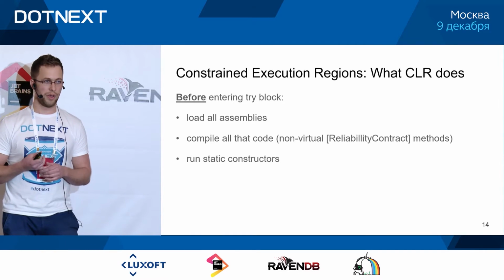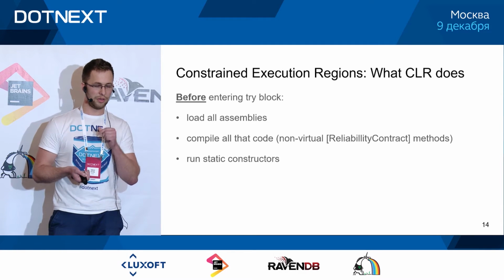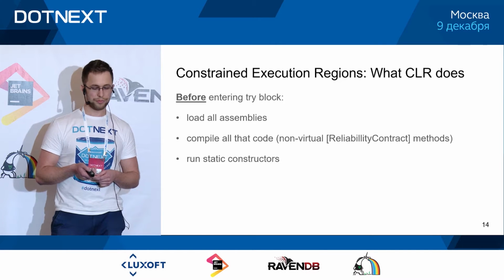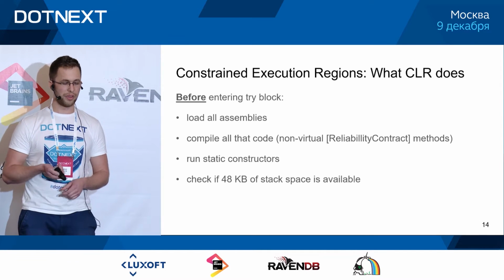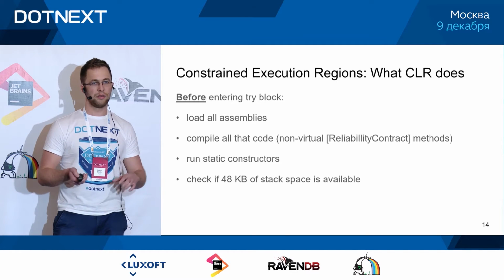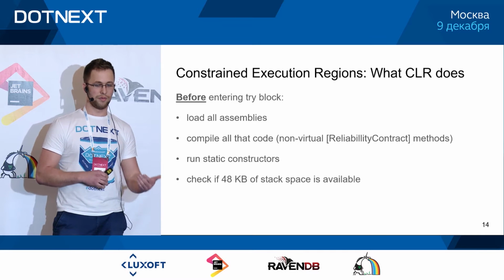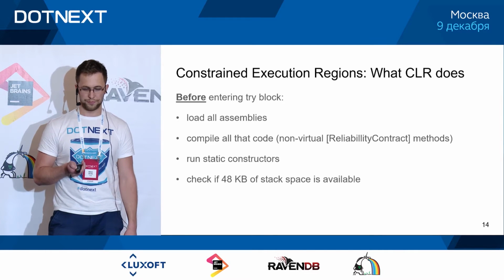But these things apply only to non-virtual methods which have the reliability contract attribute applied to them. It will also check if 48 kilobytes of space is available on the stack. 48 is because this is the size of an average method from some .NET statistics.